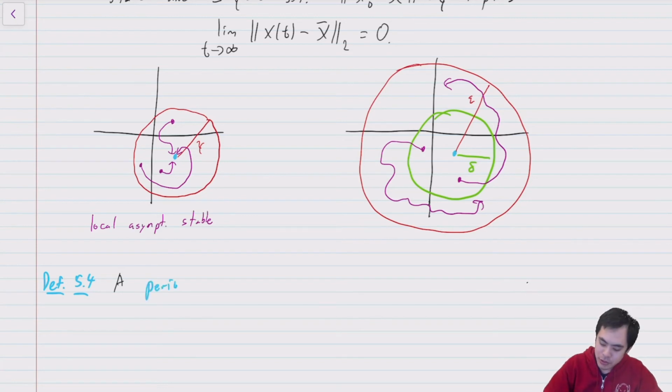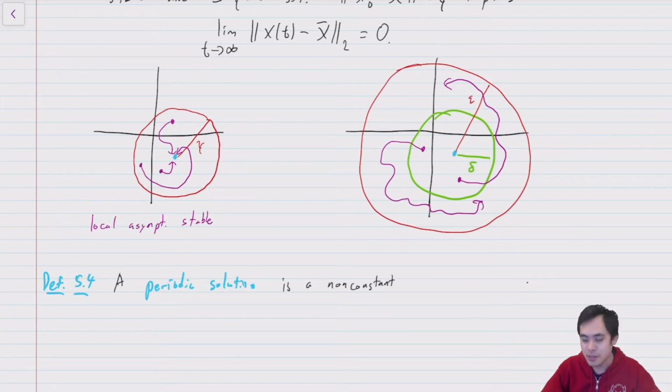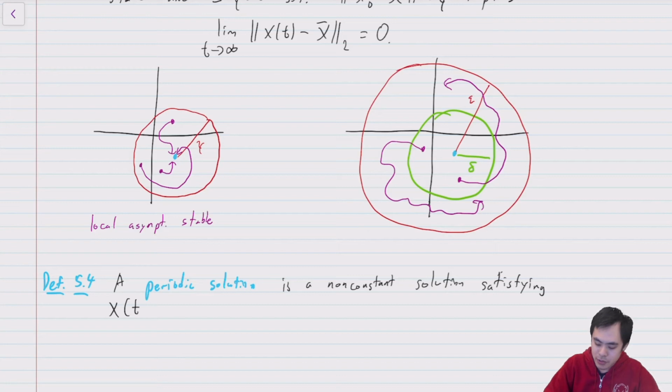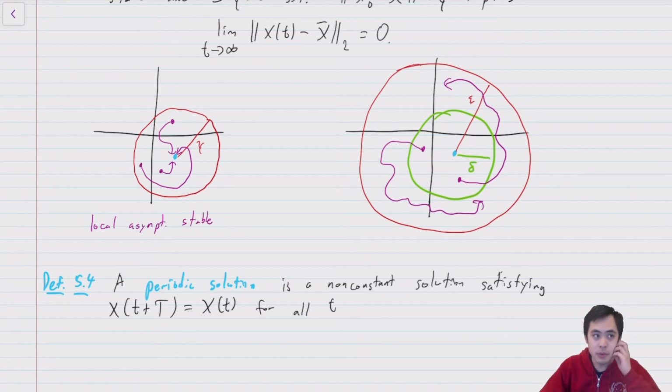So now a periodic solution, to be a bit more formal, is a non-constant solution. You could think of a constant solution as periodic because it's always in the same place, but that's not a very interesting definition. So a periodic solution is a non-constant solution satisfying x of t plus capital T is equal to x of t for all t on the interval of existence.